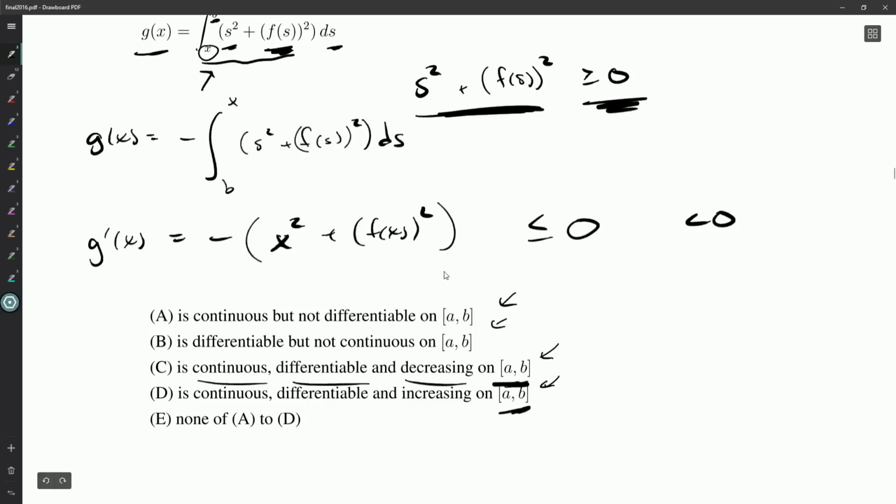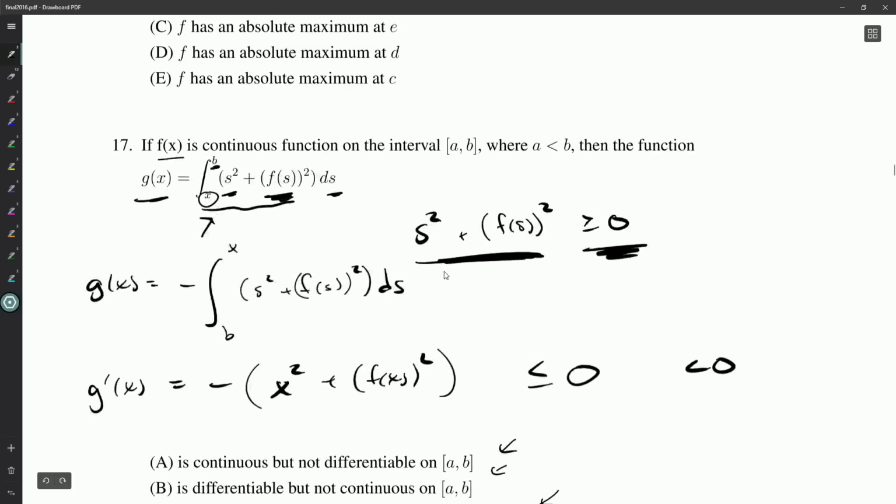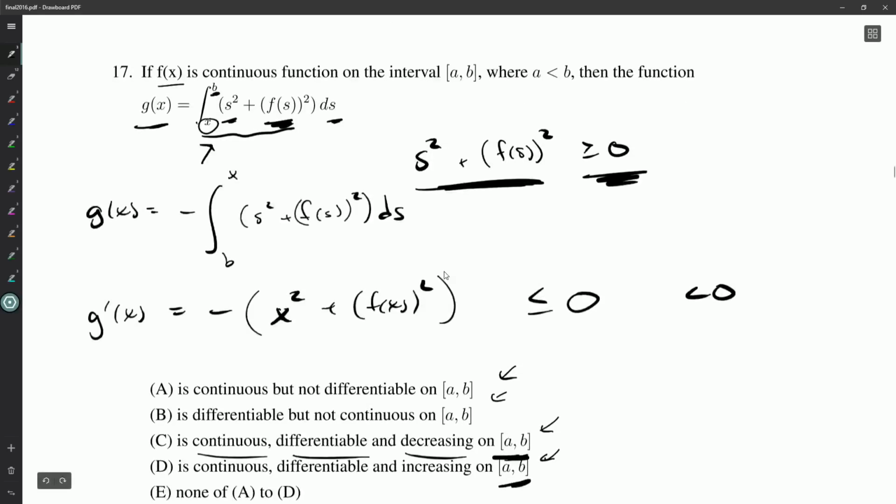Also, they keep using closed intervals here, whereas if we remember our fundamental theorem of calculus part 1 accurately, you are continuous on the closed interval, but you're only guaranteed to be differentiable from a to b. So any of these examples that say differentiable on the closed interval should not count.